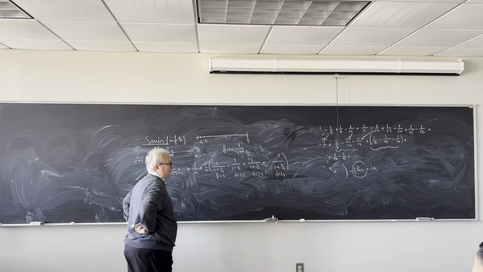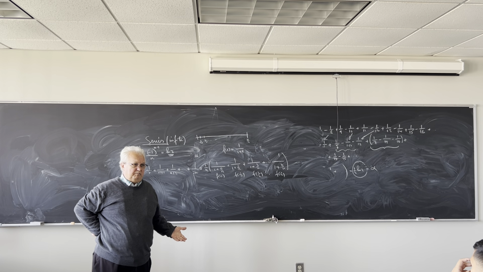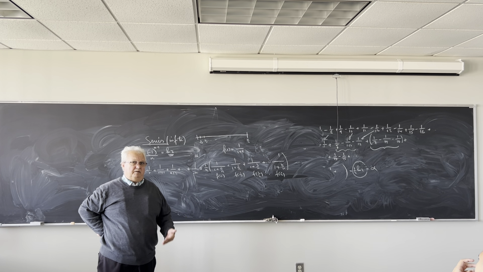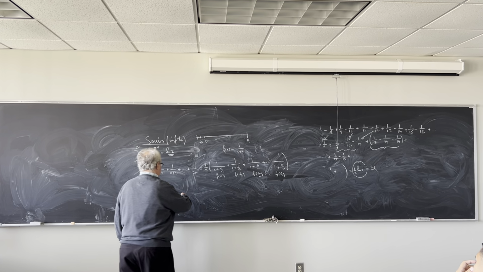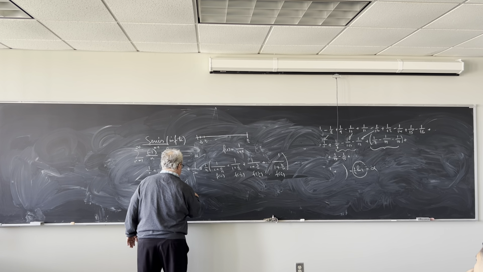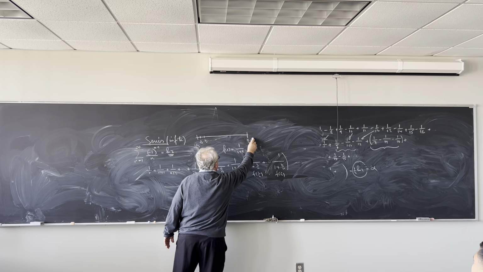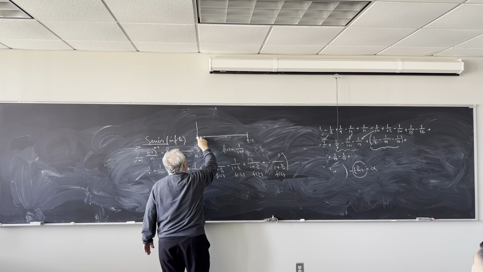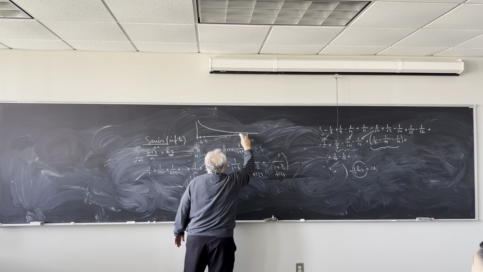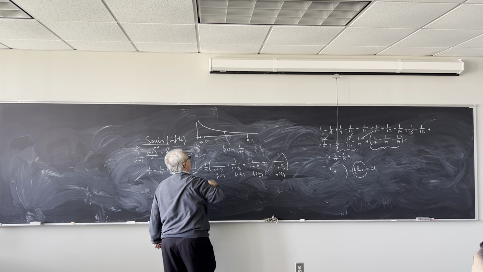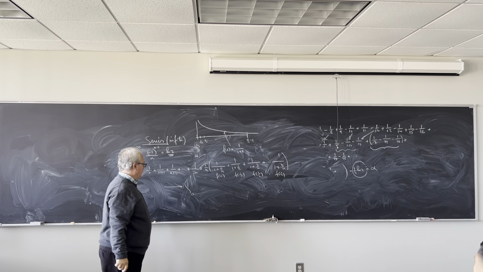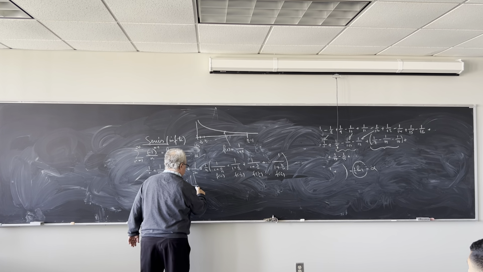So if you average the values of a function, that's really a Riemann sum. And the Riemann sum converges to the integral. So this converges to the integral from 0 to 1. Right? This is 0, this is 1. That's the graph of that. 1 over 1 plus x dx.